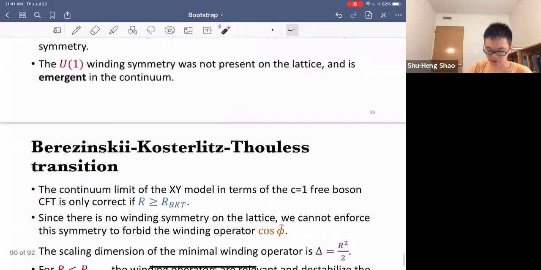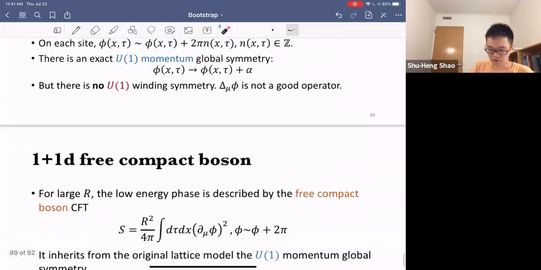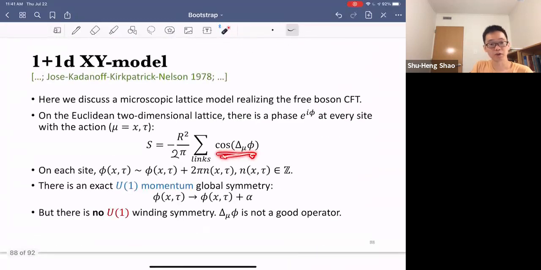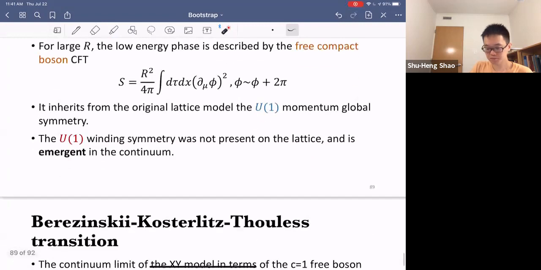Here, the point I want to make is the following: the BKT transition. If you take the XY model and you take the radius, the coefficient in front of the integral, to be very large, then I can safely expand the cosine, and I get a quadratic term, and it's not hard to see that it's described by the continuum Lagrangian.